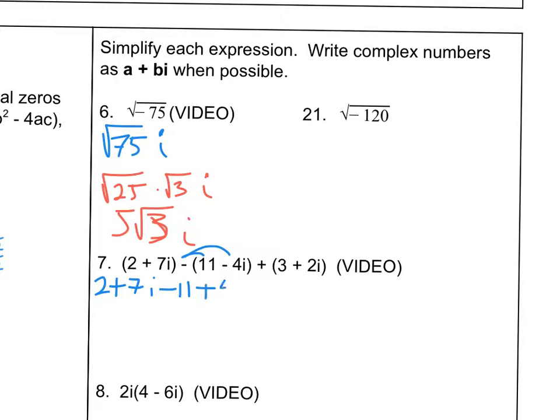And that's plus 4i plus 3 plus 2i. Okay, we've got 2 minus 11, which is negative 9, plus 3, it's going to be negative 6. And we've got 7i plus 4i is 11i, plus 2i is 13i. So negative 6 plus 13i is our final answer.